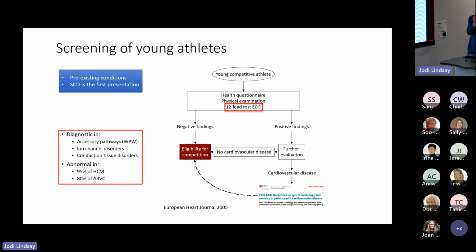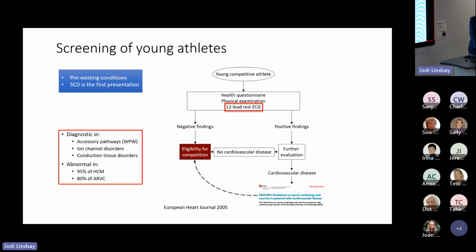And the 12-lead ECG is a useful screening tool because it is the tool that diagnoses the accessory pathways, the ion channel diseases, and conduction issues with the electrical wiring of your heart. And it can also be abnormal in a significant proportion of structural diseases such as hypertrophic cardiomyopathy and arrhythmogenic cardiomyopathy, even before you're able to recognize it on an echocardiogram or a cardiac MRI.